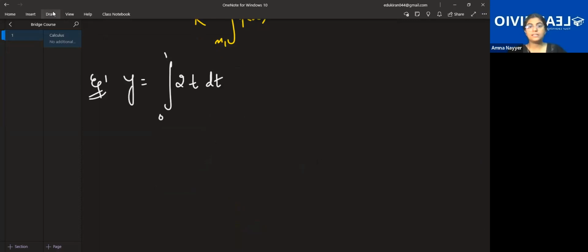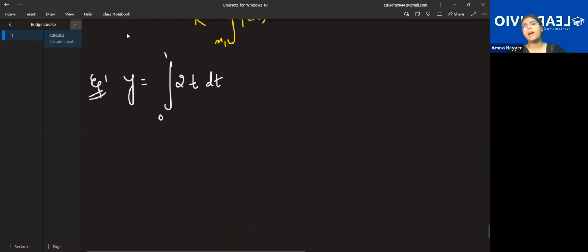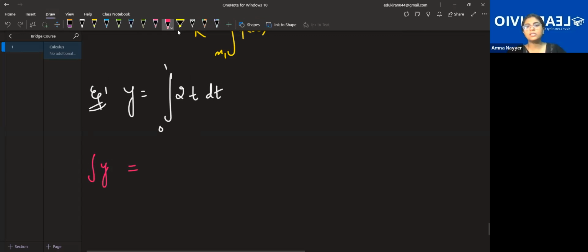Now look at the steps carefully, class, because I'll be giving you questions again and you have to be responsive. Sidra, you also pay attention. Last time you couldn't see. Just check on the steps. When we are integrating y, I have told you, now you have to identify what is the constant term. When you are solving this, 2 is the constant term.